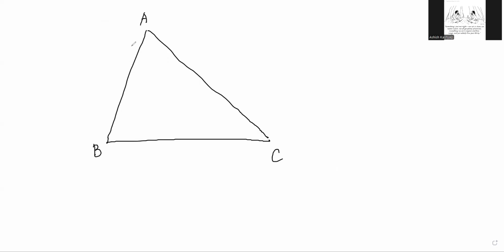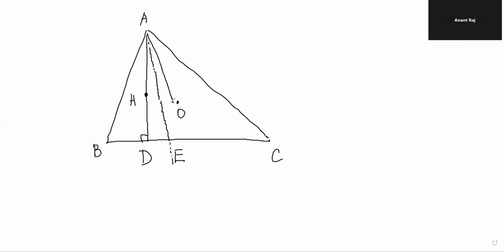In triangle ABC, this is my altitude, and let's say the circumcenter is here, the orthocenter is here, and this line is AO. What I need to prove is that AO and AH are reflections across the angle bisector, right? Then you will know that O and H are isogonal conjugates of each other.